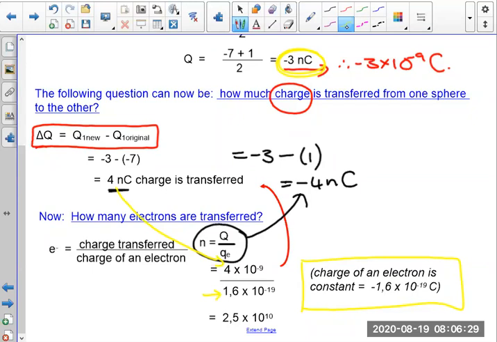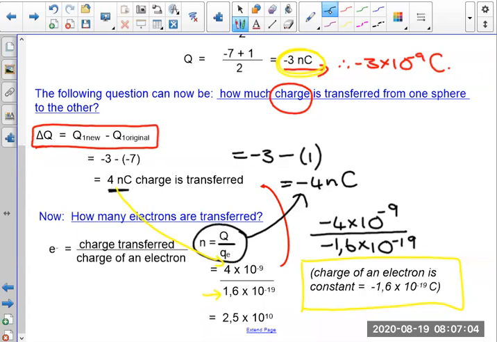But say you choose to do it the other way around, then you got an answer of minus 4 times 10 to the power of minus 9, and then for the charge of an electron you just put in minus 1,6 times 10 to the power of minus 19. You're going to get the same answer for either option, which is 2,5 times 10 to the power of 10. And that is the amount of electrons transferred.